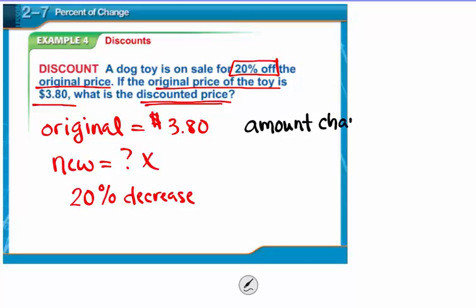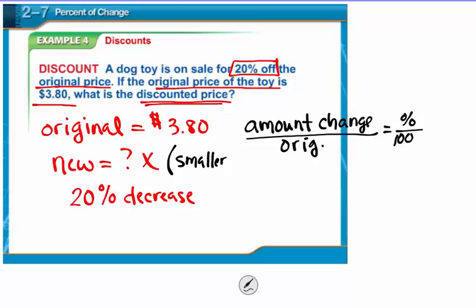So when I take the amount of change, I need to subtract the larger minus the smaller. $3.80 minus X. Remember, in this scenario, when we decrease the price, the new price is smaller. So I have $3.80 minus X over the original price, $3.80.